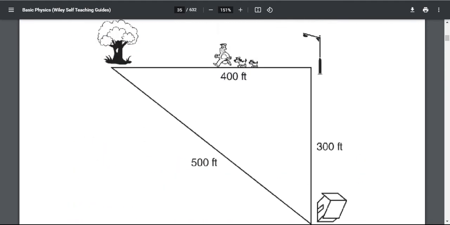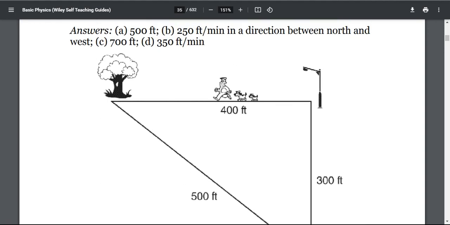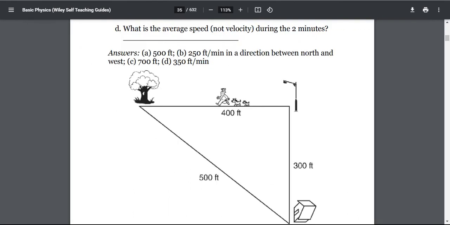So this is the oak tree. It took 2 minutes to reach the oak tree: first he runs 300 feet to the street lamp, and then 400 feet to the oak tree.